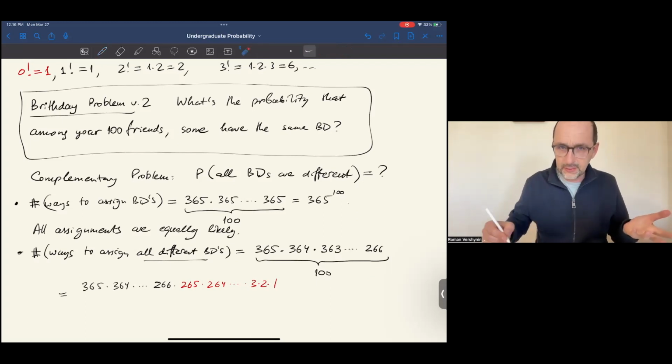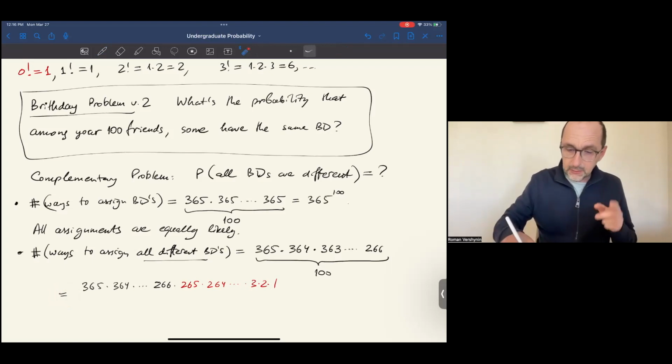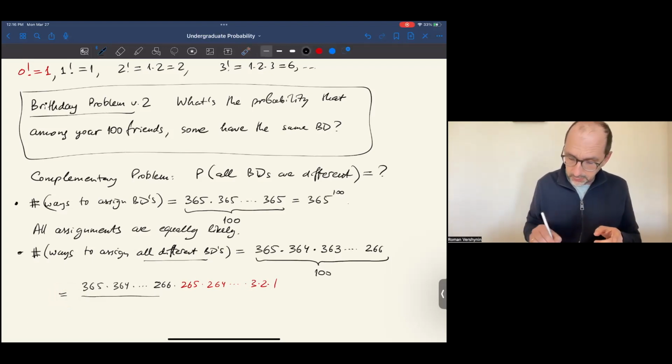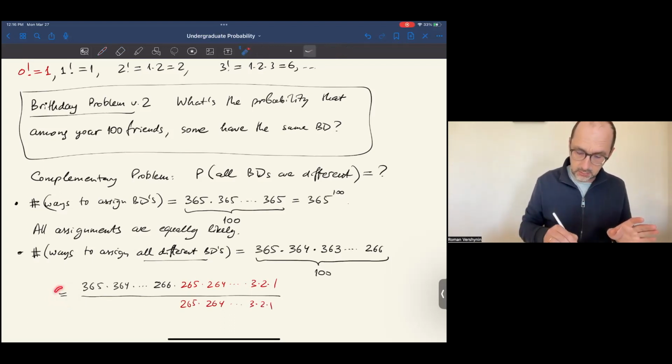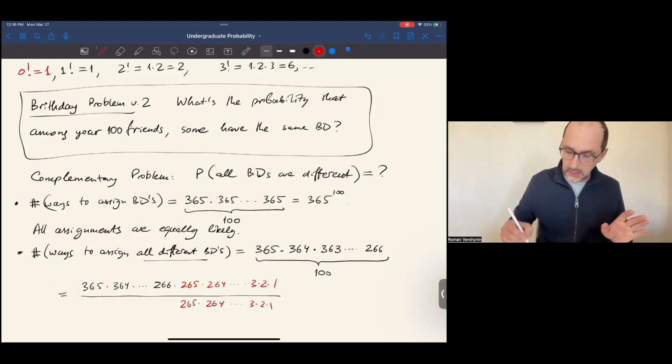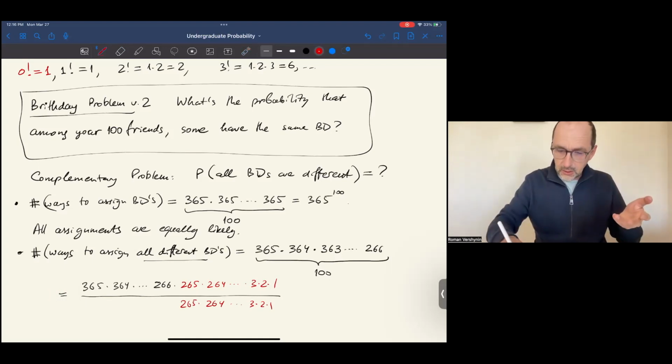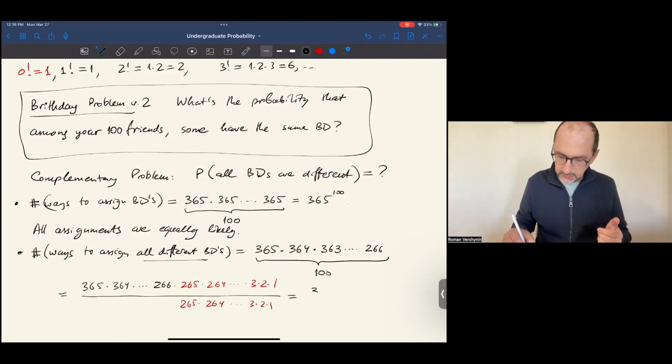That's wrong. Of course, we can't say it's equal, because we multiplied. So let's correct ourselves. To correct this, we divide by what we multiplied by: 265, 264, 3, 2, 1. Now this is correct. Now this is a true equality. And on the top, the numerator is simply 365 factorial.